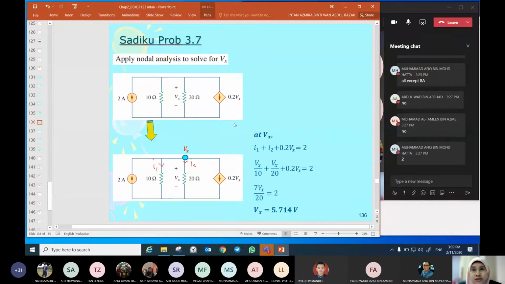We are still calculating a very basic question. Apply nodal analysis to solve for VS. VS is here. How many nodes here?